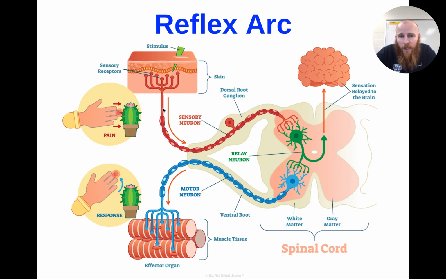So again, as I've come through, I brought this input in through the back and out through the front, through the ventral root, along that motor neuron to muscle tissue that's innervated, that's that effector organ, and the response is that I remove my hand.